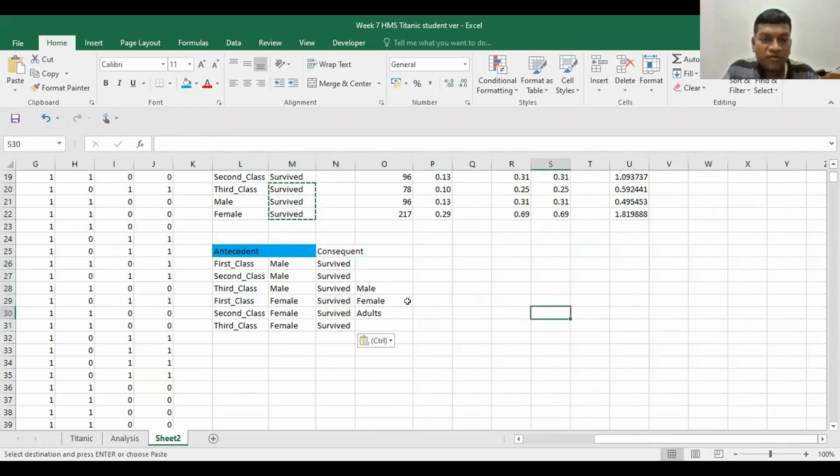So first class male, second class male, third class male, first class, second class, third class. Then we have adults also here. Control C, Control V, and then we need male, female.